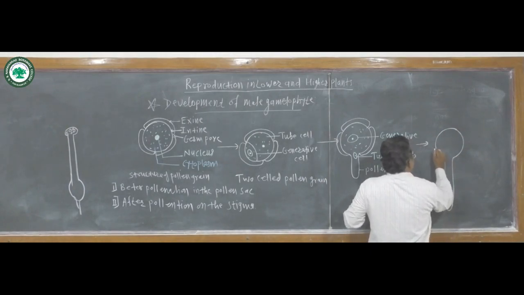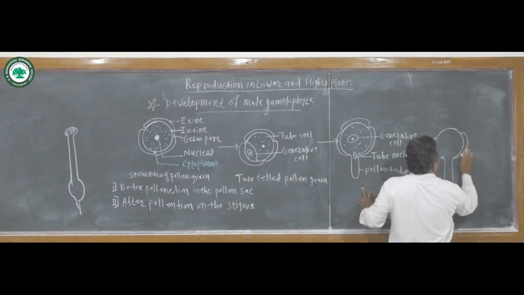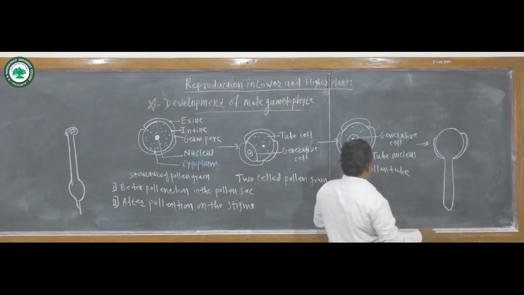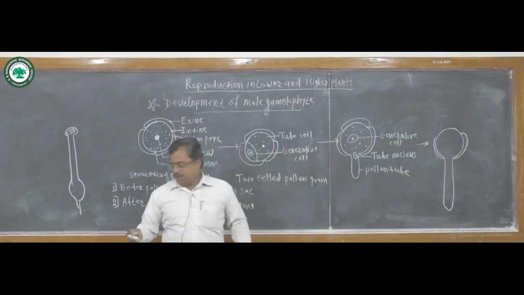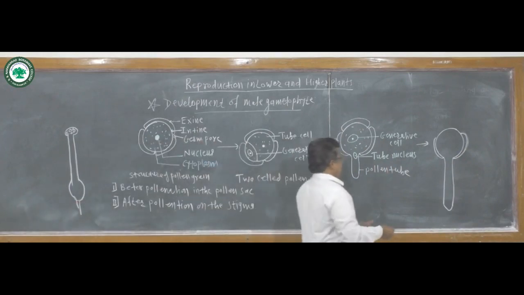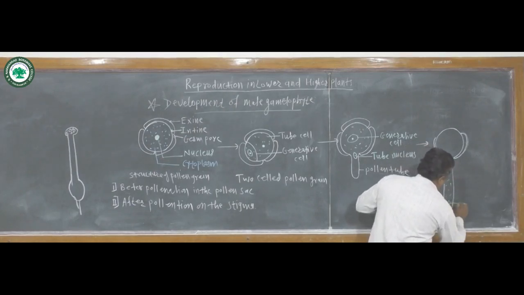In the pollen tube, the tube nucleus first comes out along with cytoplasm. This is the tube nucleus.